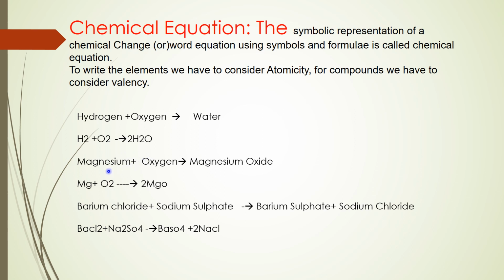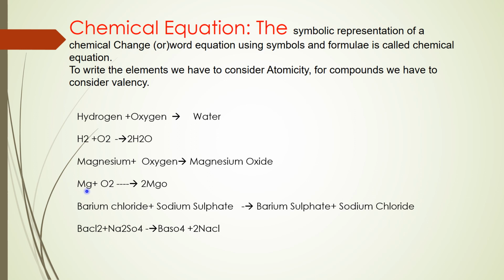Another example, see this one. The element magnesium reacts with oxygen to give magnesium oxide. So magnesium is a metal and oxygen is a gas. So a new compound is formed, magnesium oxide. Now the atomicity of magnesium is 1 only. The atomicity of oxygen is 2.